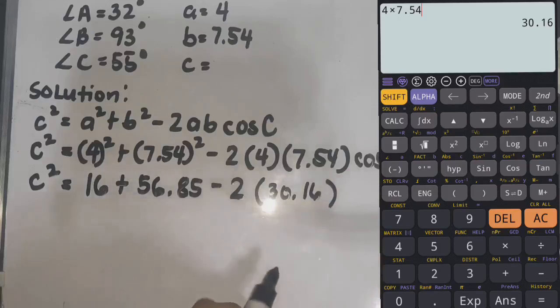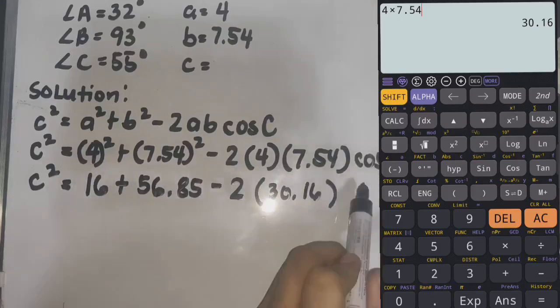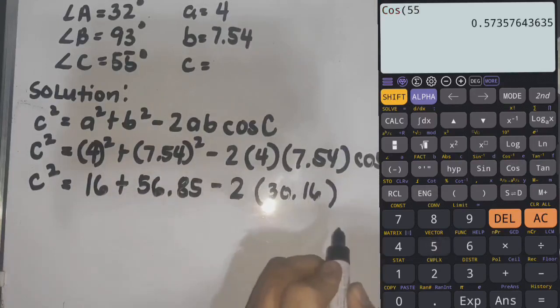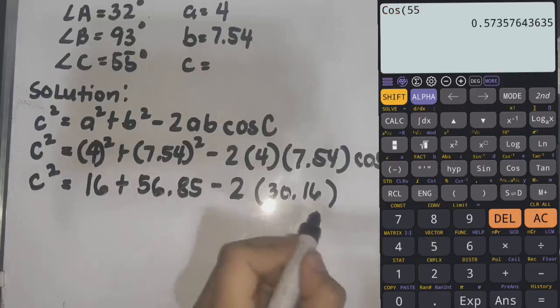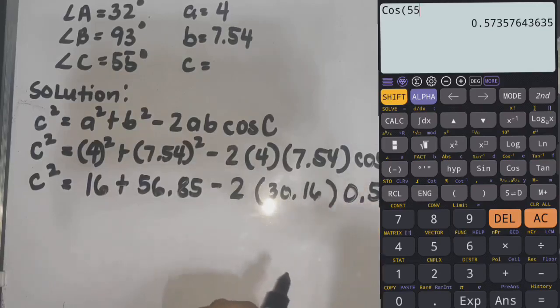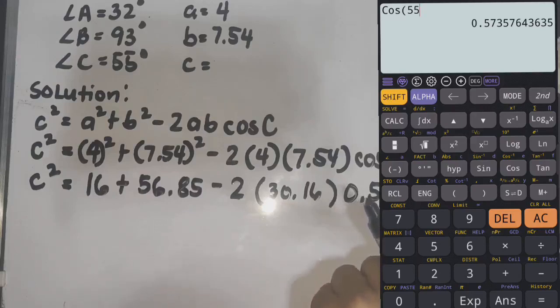Then cosine of 55 degrees is, press sa calculator cosine, then 55 degrees, the value will be 0.573576. So apat lang na places yung kukuhanin natin. So the answer will be 0.5736. So ang katabi ng 5 is dito sa dulo, itong 6 ay 5, katabi niya ay 7, so ni-round off natin, naging 6 yung 5.